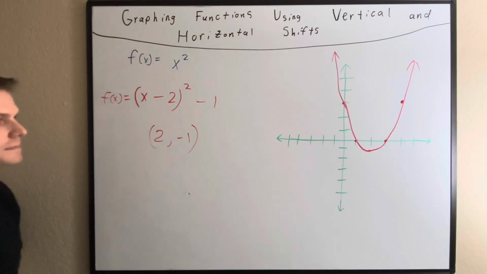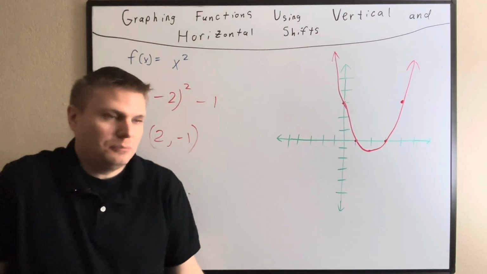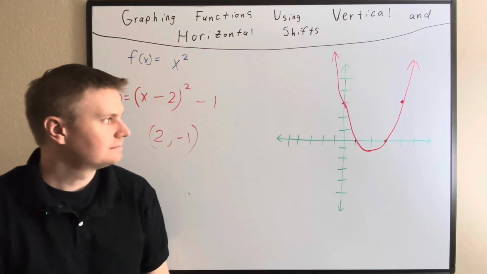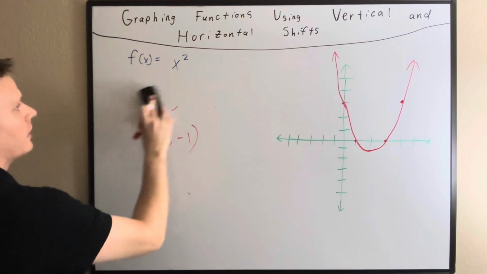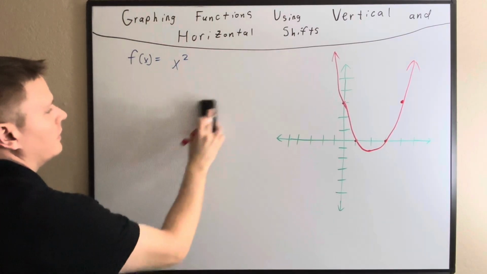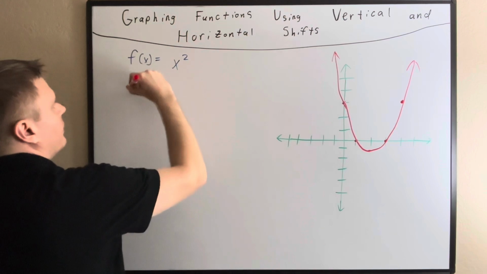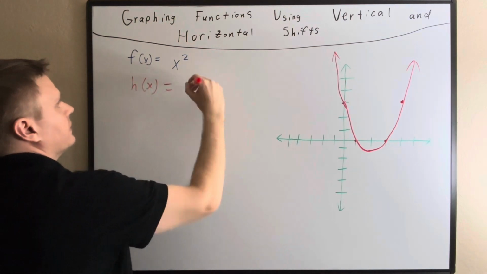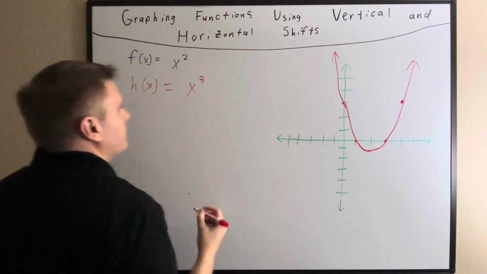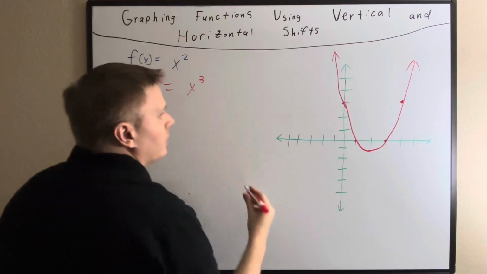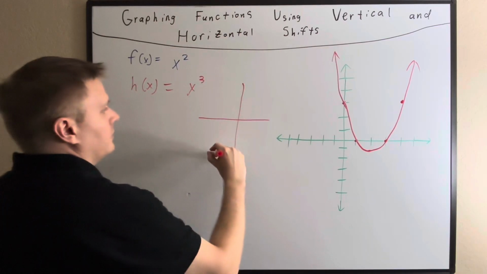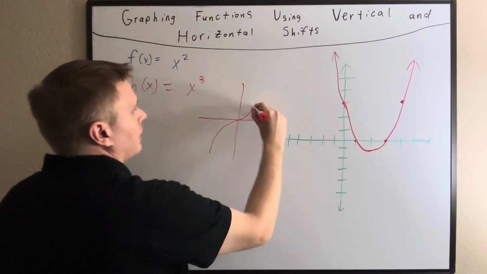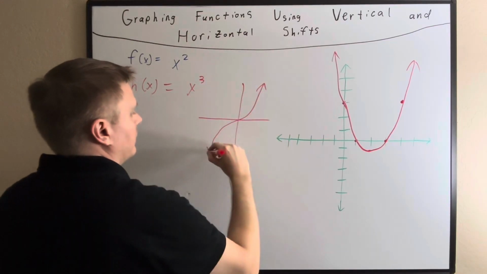See how that works? Not so bad, right? Same goes for h of x equals x cubed. If you remember what the x cubed basic function looks like, something like that, right?